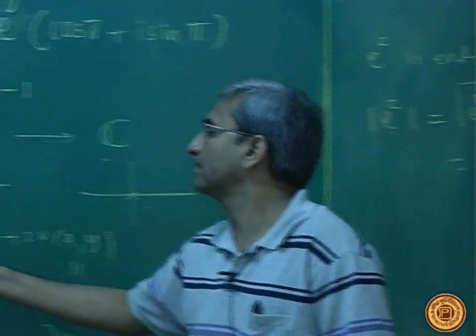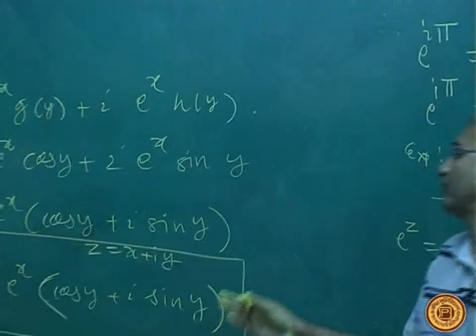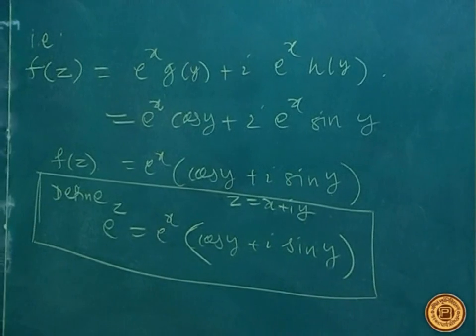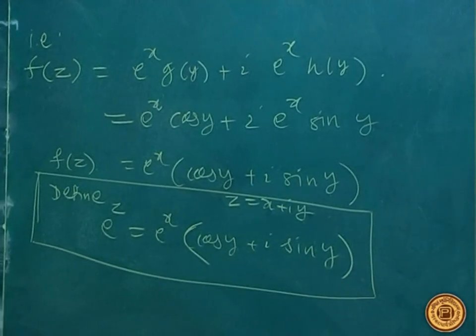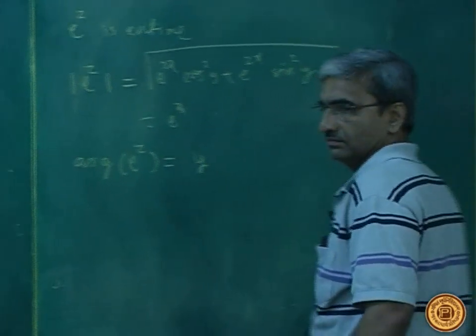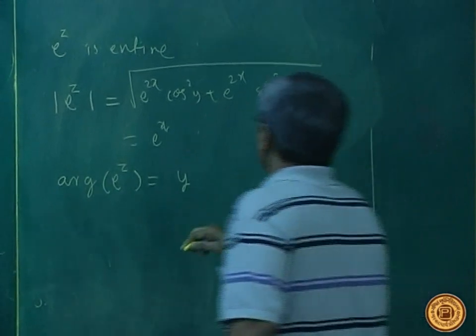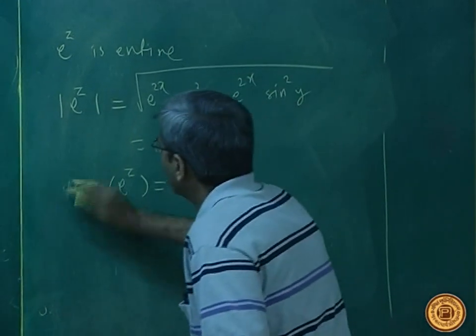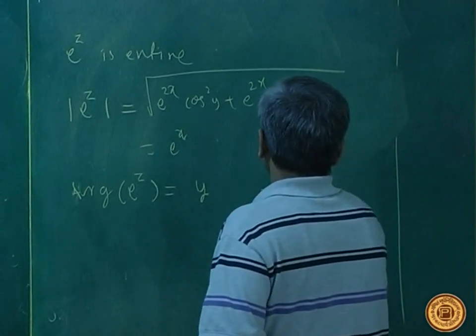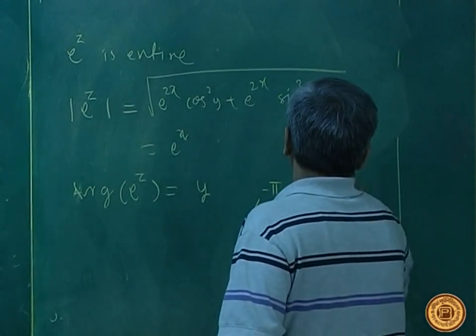Actually it is in the polar form kind of thing. So this is the absolute value, this is the argument. So the argument of e to the power z is y, but let me write capital A, that means principal argument, where minus pi less than y less than or equal to pi.